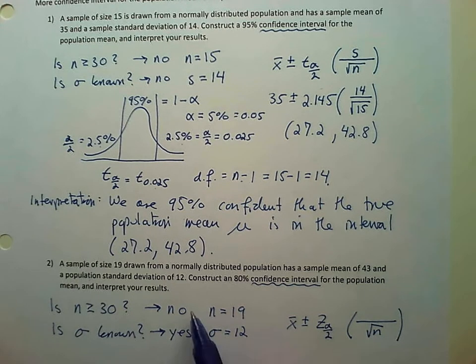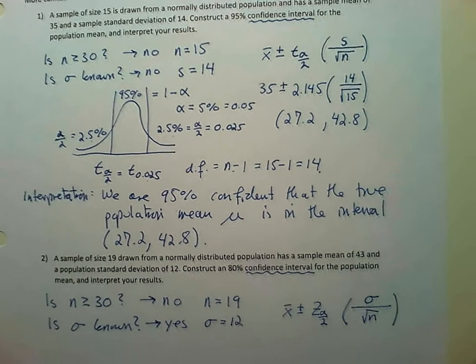If we answered no to both of these questions, then this right here would be t sub alpha divided by 2. But as long as we answer yes to at least one of them, we get to use z's right here instead. Lastly, we're always going to fill in our standard deviation up here in the numerator. If we know sigma, we're going to use sigma. If we don't know sigma, then we would have used s, the sample standard deviation, here instead.